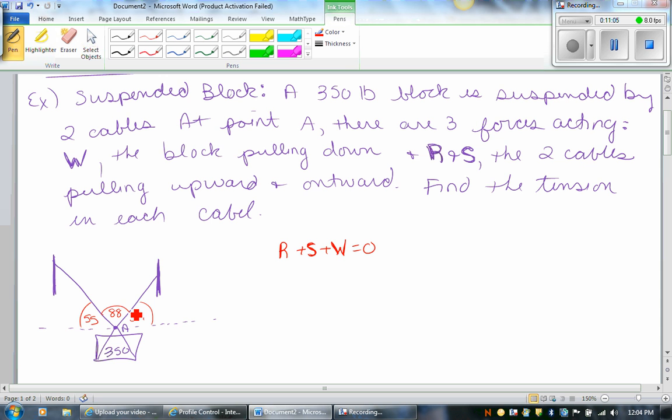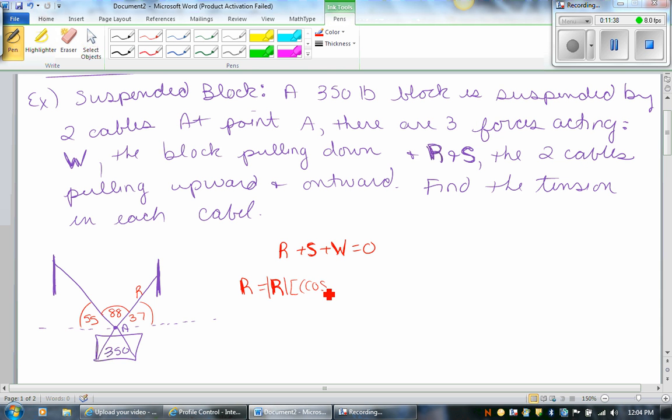All right, so what we're going to do is look at vector R to start. We want to find the magnitude of R. Now, again, R and S are the two cables pulling upward. Doesn't matter which one I decide to label R, so we'll make this one R. So we're going to use cosine in order to find that.